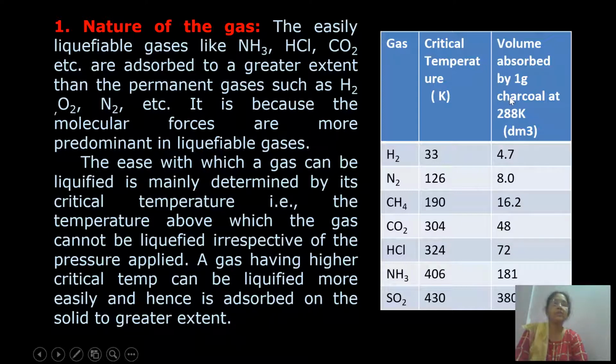In the case of ammonia, that is 181 decimeter cube, while in the case of hydrogen, that is only 4.7. So these are the highly liquefiable gases. They have high critical temperature, so the extent of adsorption will be higher.